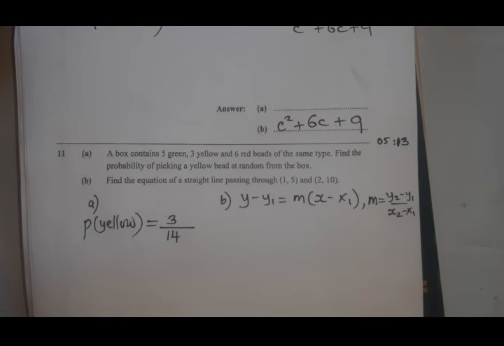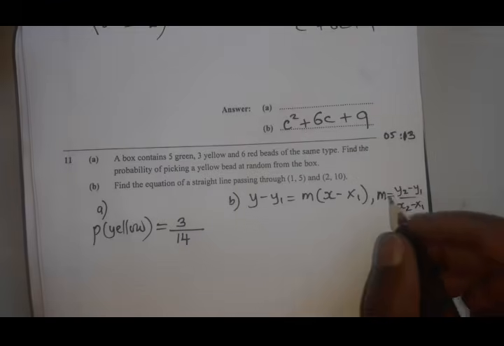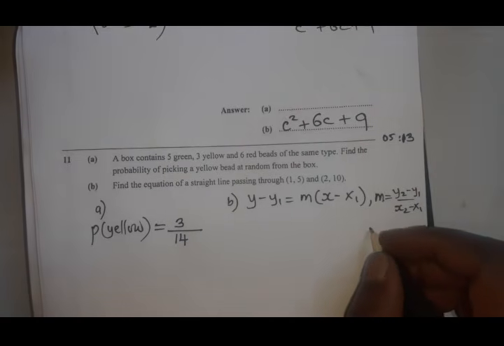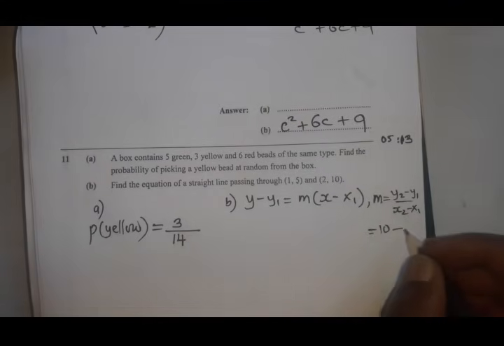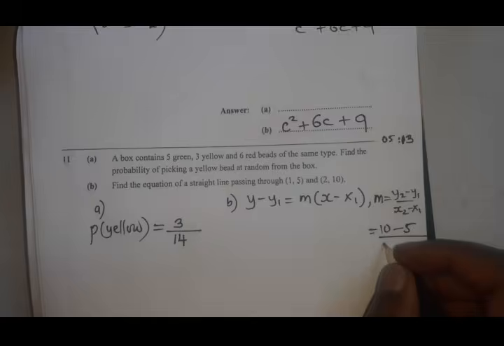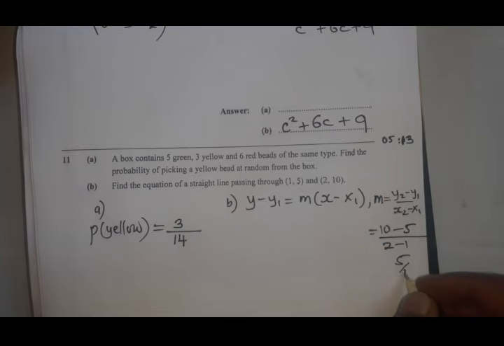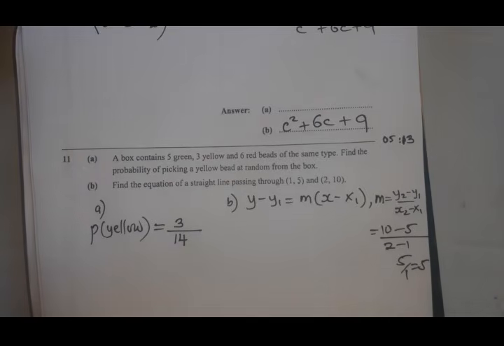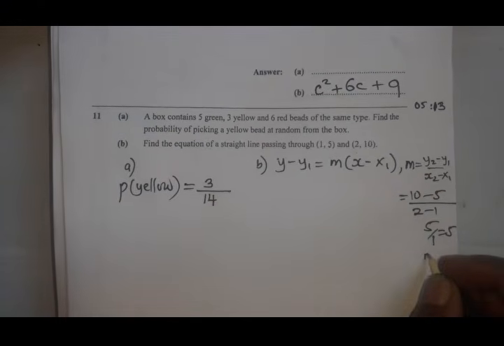So what is our y2? Our y2 is 10, which is this coordinate here, minus 5 over 2 minus 1. This is going to give us 5 over 1, which is 5. So we have our m, the gradient.